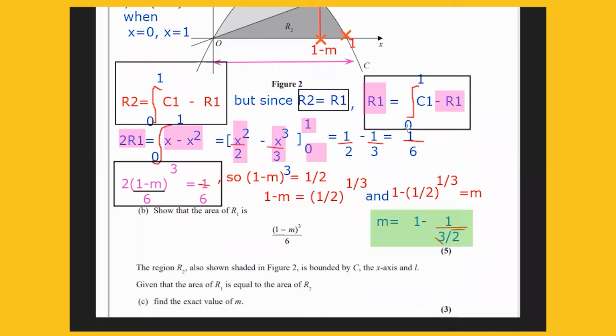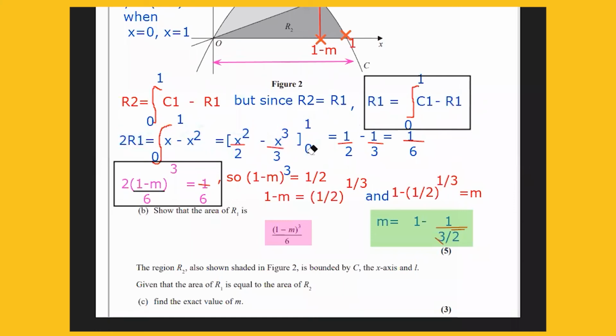Now, we have already gotten from part B that R1 is equal to 1 minus m cubed over 6. So then I'm going to simply equate R1, which is 1 minus m cubed over 6, and I have 2R1, so I say it's 2 into 1 minus m cubed over 6.